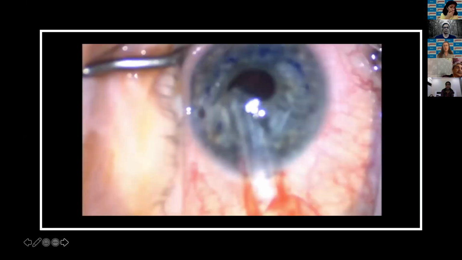So what can happen if you don't have it bevel down and if you don't realize that? Well, you can have a little problem at the beginning of the case. You can catch the iris, and this is something that can happen. This is just a little teaser for the complication talk next weekend.